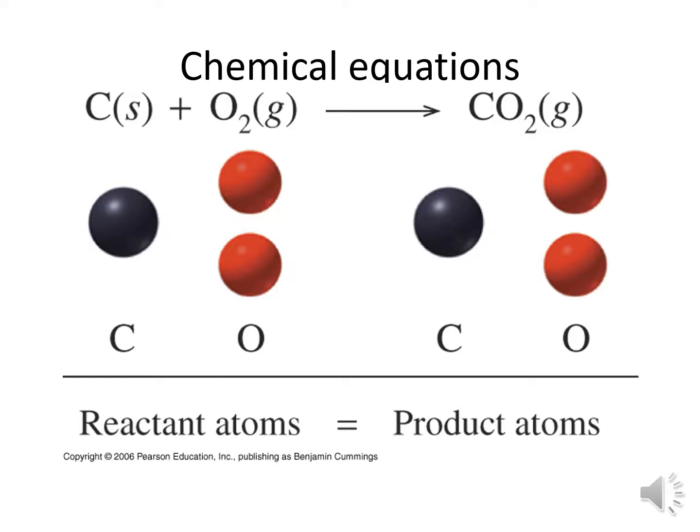So on the left side, we see 1 symbol for carbon, indicating 1 atom of carbon. The O2 has a little subscript 2, so that indicates 2 oxygen atoms. So the left side has 1 carbon atom and 2 oxygen atoms. On the right side, they've combined to make carbon dioxide, but carbon dioxide in its formula has 1 carbon atom and 2 oxygen atoms. And so the reactant atoms equal the product atoms.